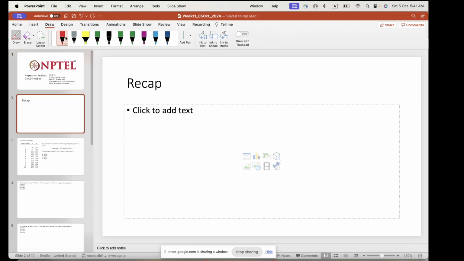Now, till last week, whatever we discussed was with respect to a linear model that demonstrated a linear relationship between x and y.